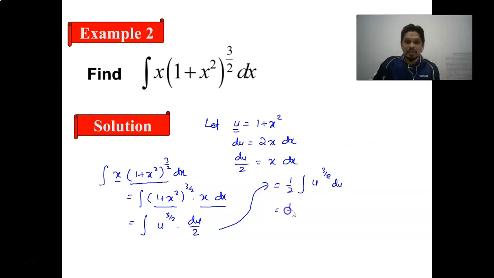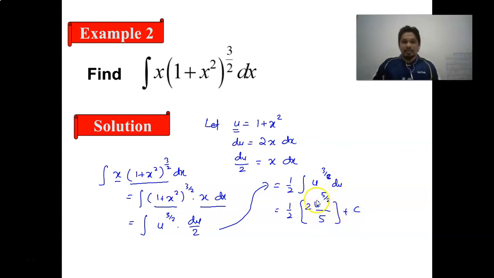So it is 1 over 2, and u to the power of 3 over 2 plus 1, which is 3 over 2 plus 2 over 2, 5 over 2, divided by 5 over 2, or multiplied by 2 over 5, plus c.